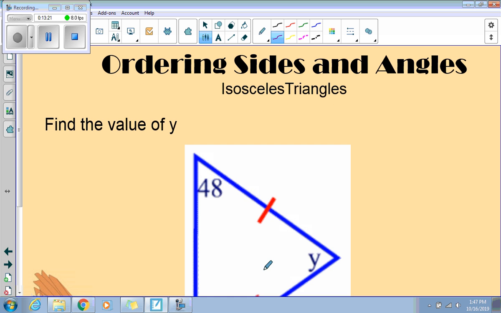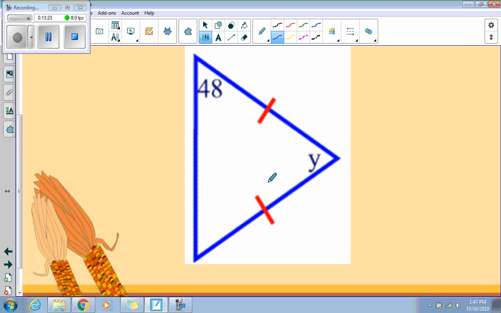So let's use those properties. Here, if we go across, we have one of our angles that has a congruent angle to it. So if I go across from the other side, that angle there will also be 48. In the previous class, we learned that triangles have 180 degrees in them.